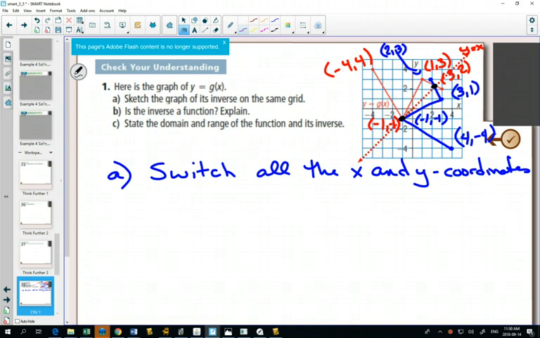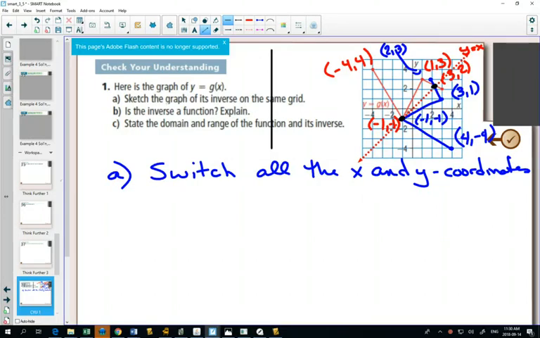So that's part A. Is the inverse a function? Do you remember how to tell if something is a function or not? It's the vertical line test.